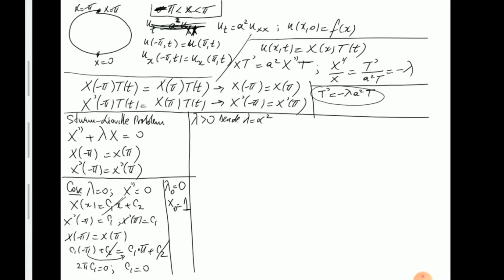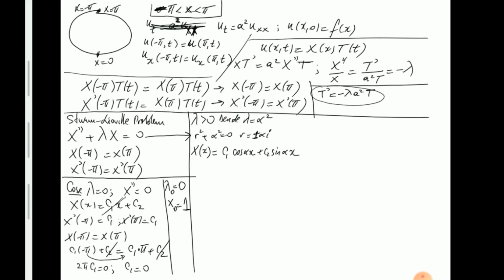So anyway, if lambda is alpha squared, the characteristic equation from the ODE is going to be r squared plus alpha squared, and that gives you complex roots. So that means big X of little x is going to be a linear combination of, let's say, c1 cosine of alpha x plus c2 sine of alpha x.